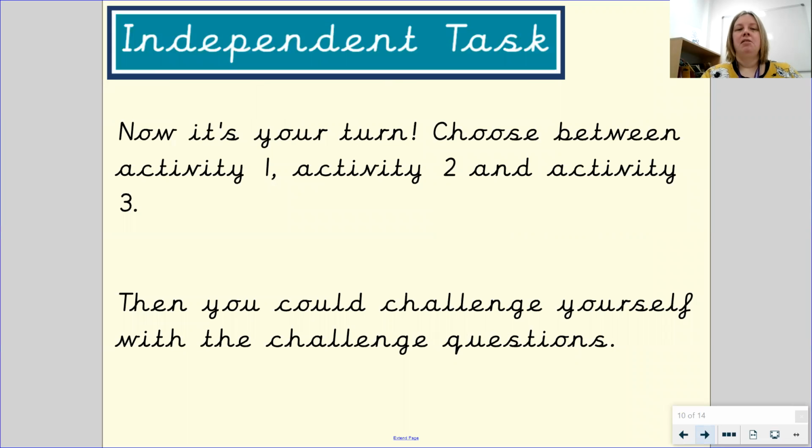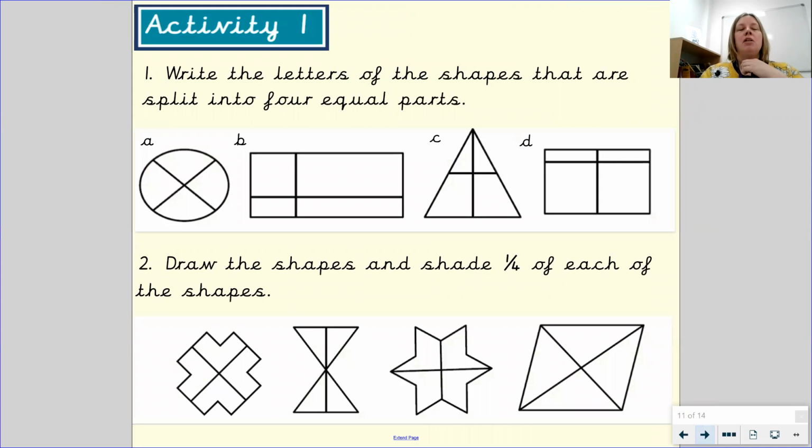Now it's your turn. Choose between activity 1, activity 2 and activity 3. Activity 1, question 1. Write the letters of the shapes that are split into 4 equal parts. Question 2. Draw the shapes and shade 1/4 of each of the shapes.